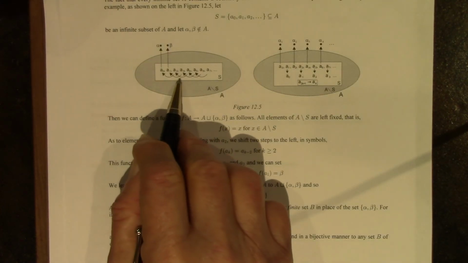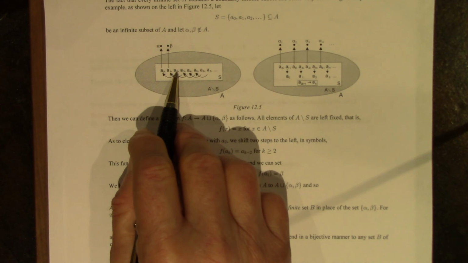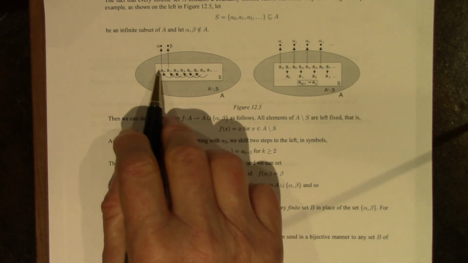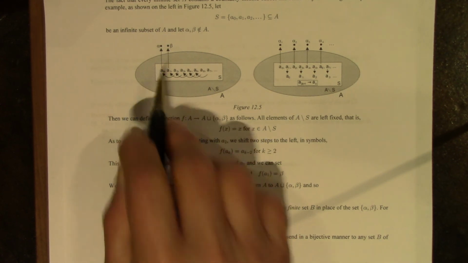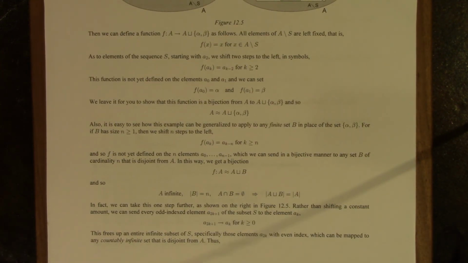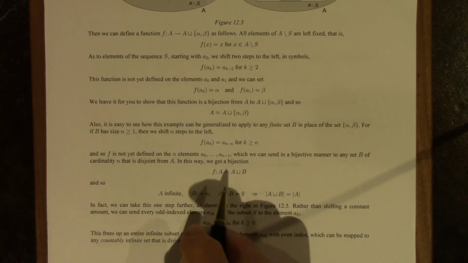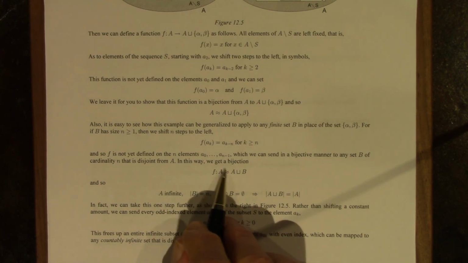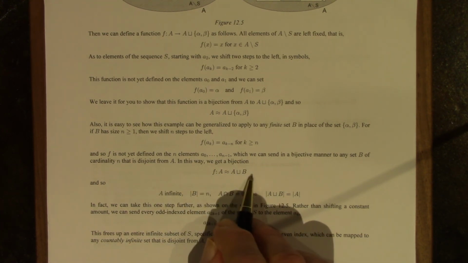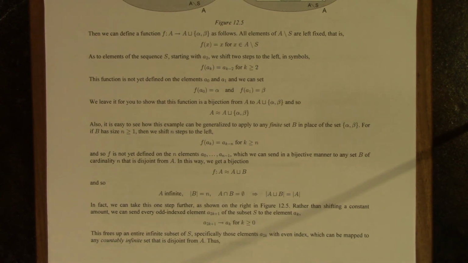So the picture looks very similar to this, but instead of 2 steps, we shift a bunch of steps. For the same reason, really, we have a bijection from A to A union B. So in words, if we have an infinite set, we can throw in any finite number of elements, 50, 100, a billion, and it will not affect the cardinality of the set.